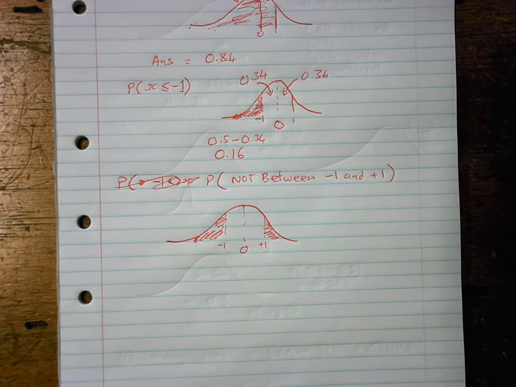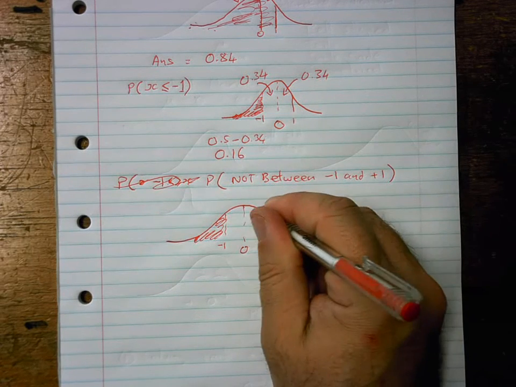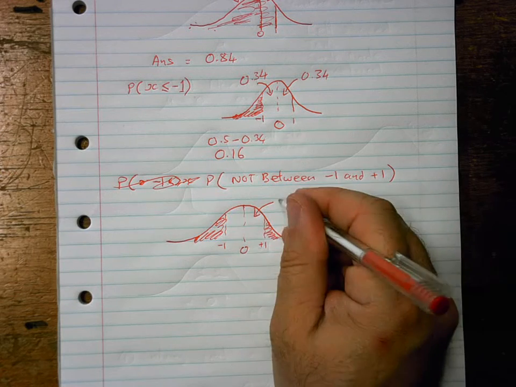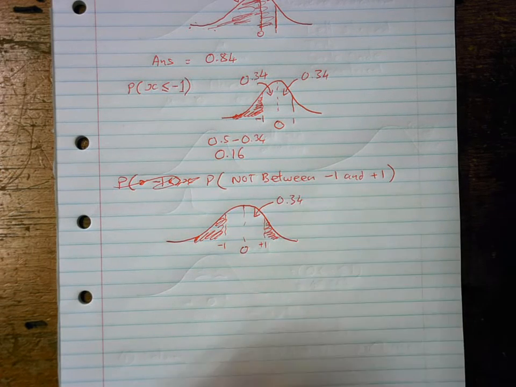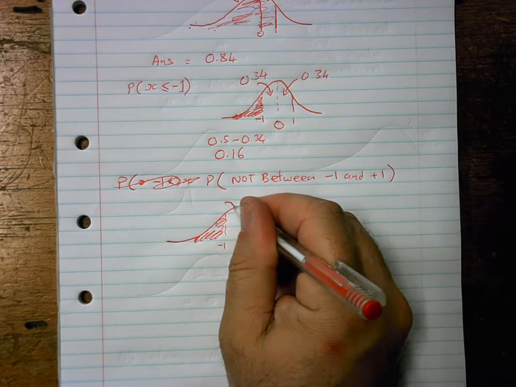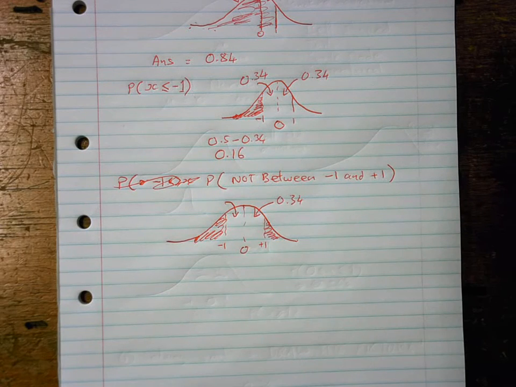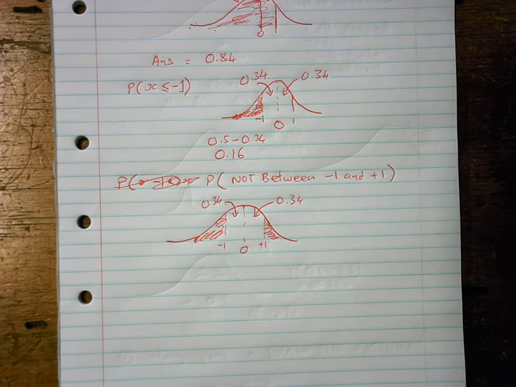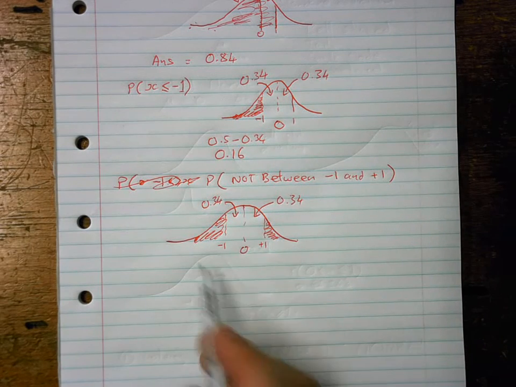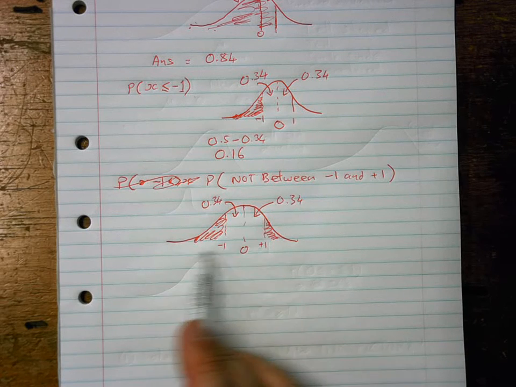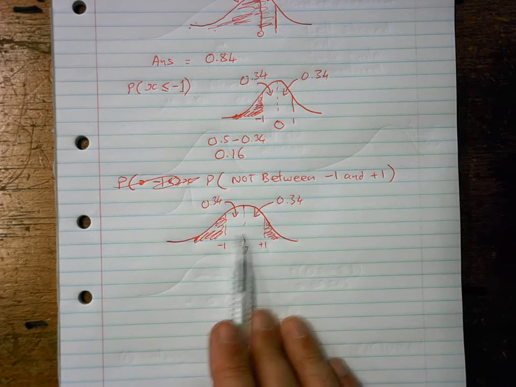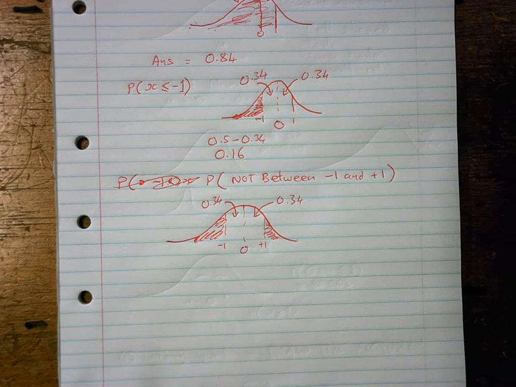Okay? Well, what do we know about this bit here? We know it's 0.34, don't we? What do we know about this bit here? It's symmetrical, so therefore it must also be 0.34. Okay? Now, what do we know about the whole thing? Well, if this half is half, and this half is the other half, then the whole thing must be 1.